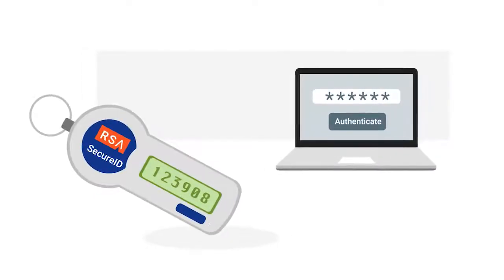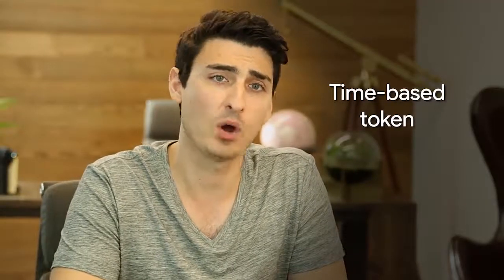An example of this is the RSA SecurID token. It's a small, battery-powered device with an LCD display that shows a one-time password that's rotated periodically. This is a time-based token, sometimes called a TOTP, and operates by having a secret seed, or randomly generated value, on the token that's registered with the authentication server.